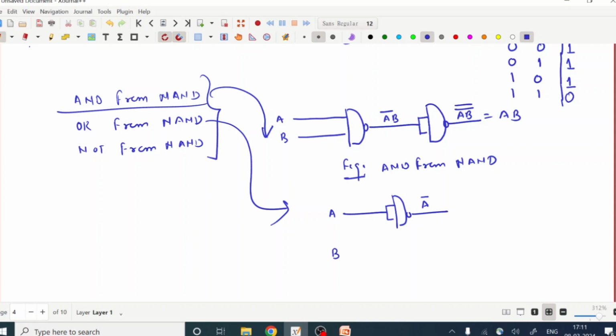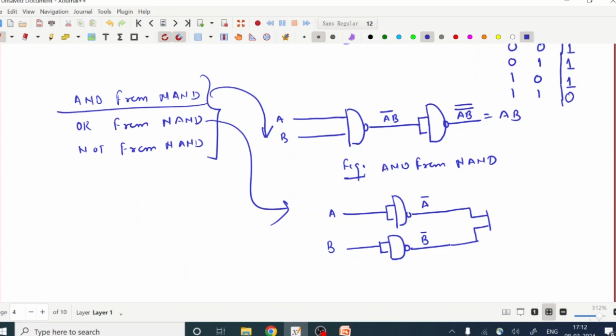Another input is B, and the same input B is supplied to both inputs of another NAND gate. This gives B complement.